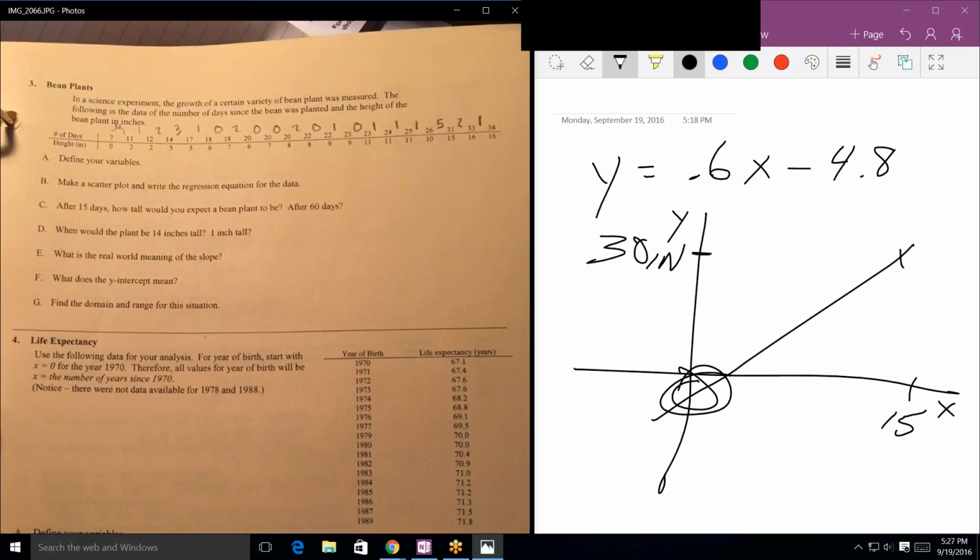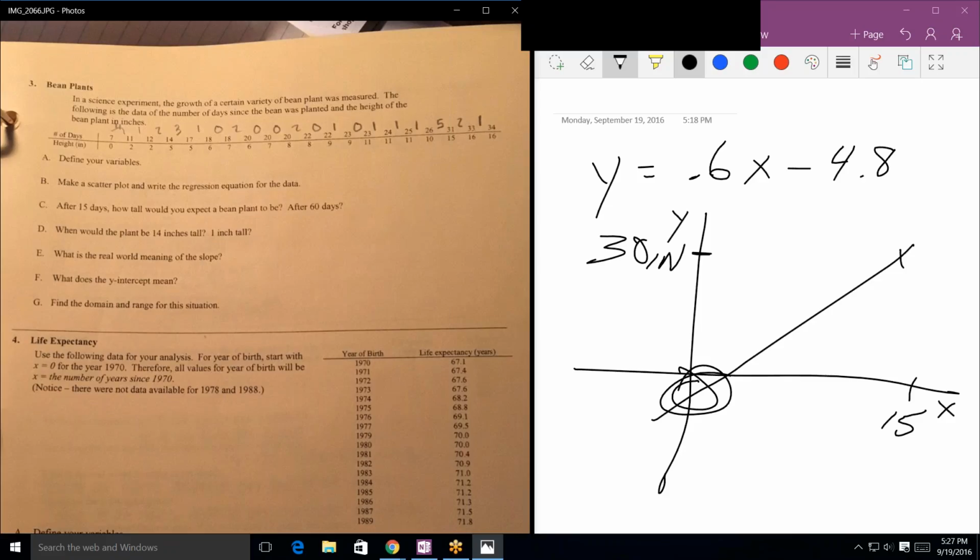Remember what the meaning of domain is: the allowable x values. In this function that they gave us, they only gave us values that went from 7 up to 34. They didn't give us 35. They didn't give us 6. So the domain for this problem has to be 7 to 34.